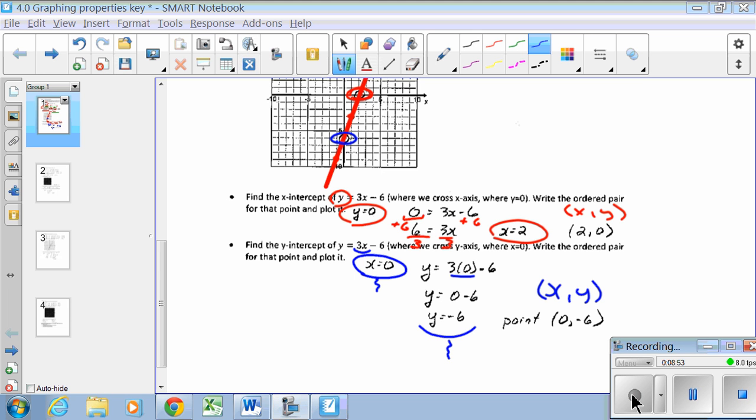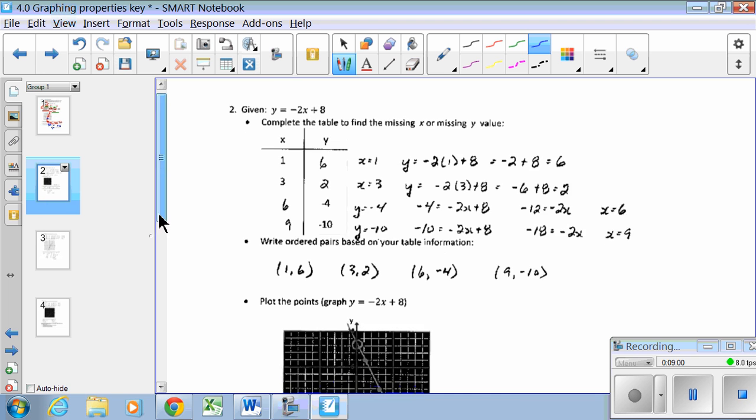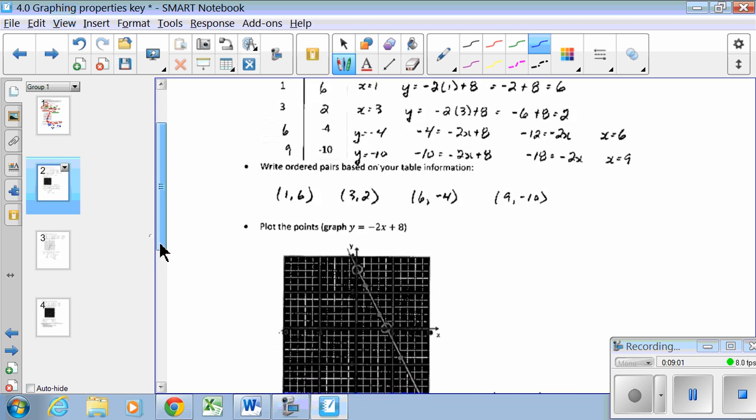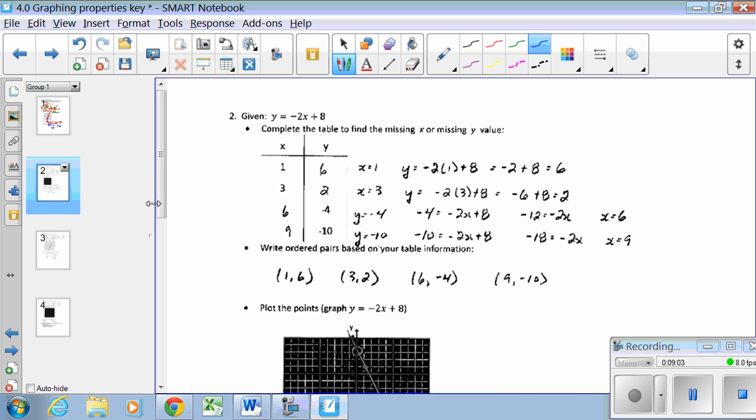So we should be able to take some time then and look at the second example. And the second example did not graph really well for some reason. But you should be able to find your y values for your given x values, or find your x values for your given y values by showing some work. So I'm going to go back to the first page.